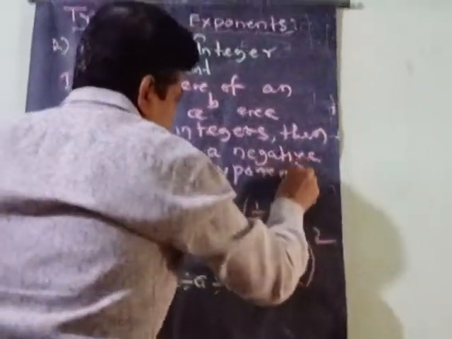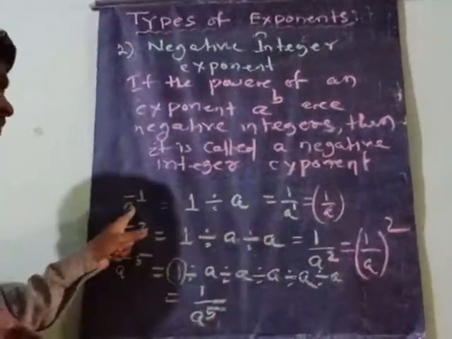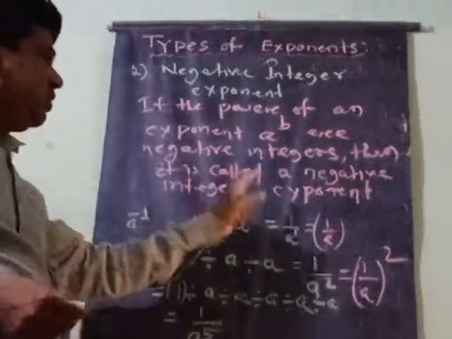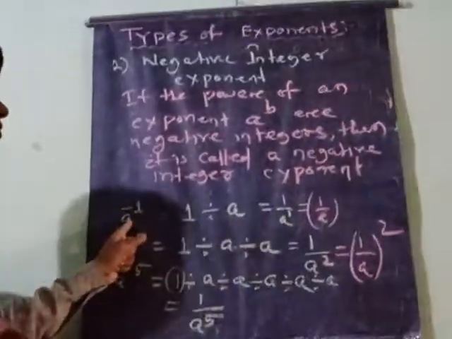And also observing here, 1 by a is the reciprocal of a to the power minus 1. Reciprocal of negative exponent is positive exponent. Reciprocal of positive exponent is also negative exponent.